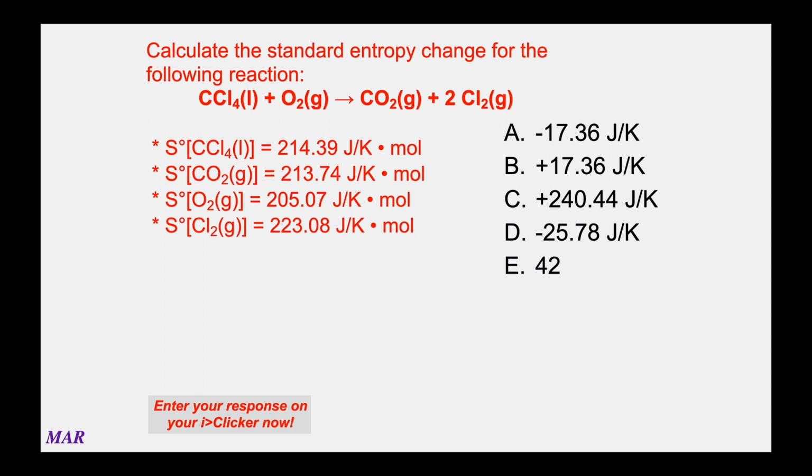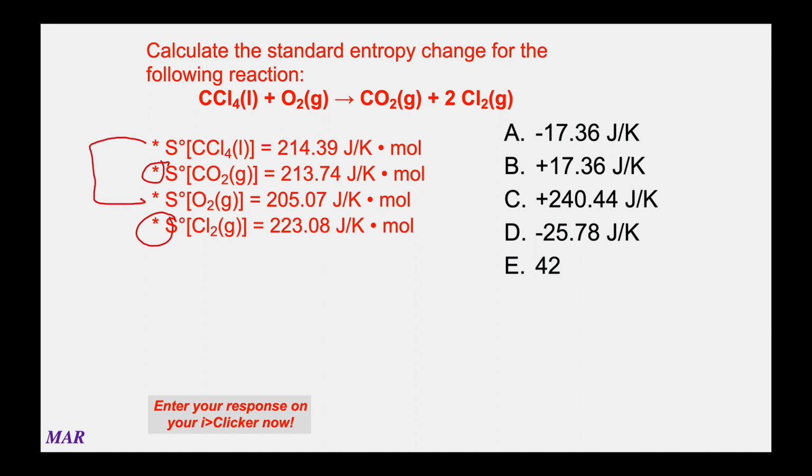So for this problem, you would take the CO2, which is the one product, and 2 times the chlorine, because of the stoichiometry of 2 for the Cl2. You would take those together, those are the entropy of products, and you would subtract the entropy of the reactants, which in this problem is CCl4 and O2.